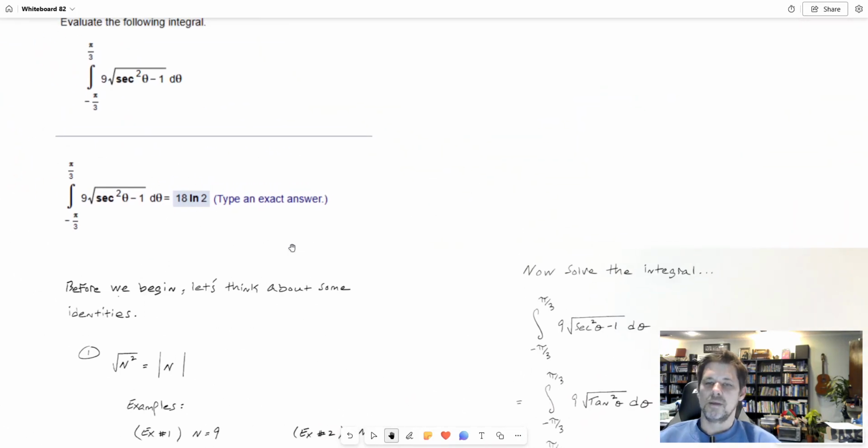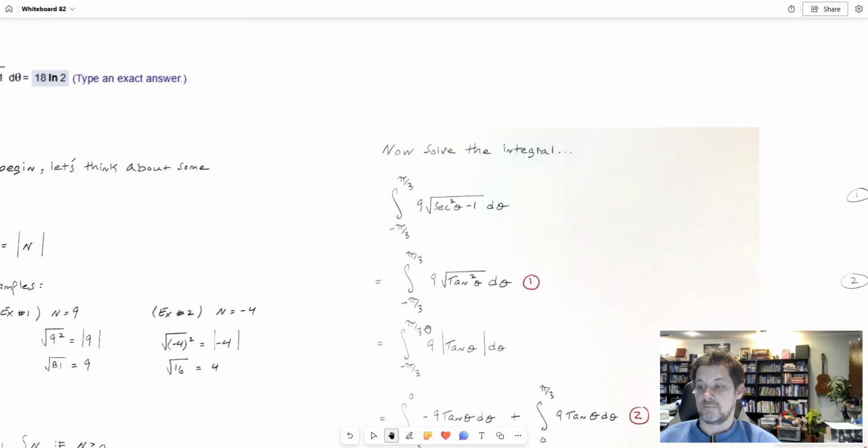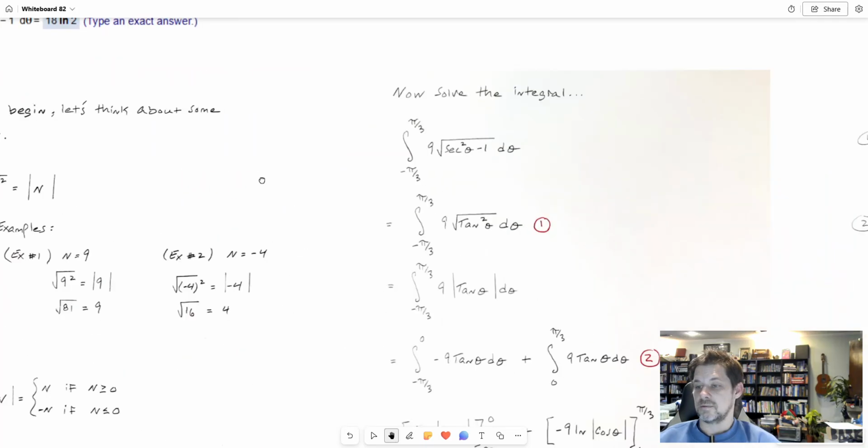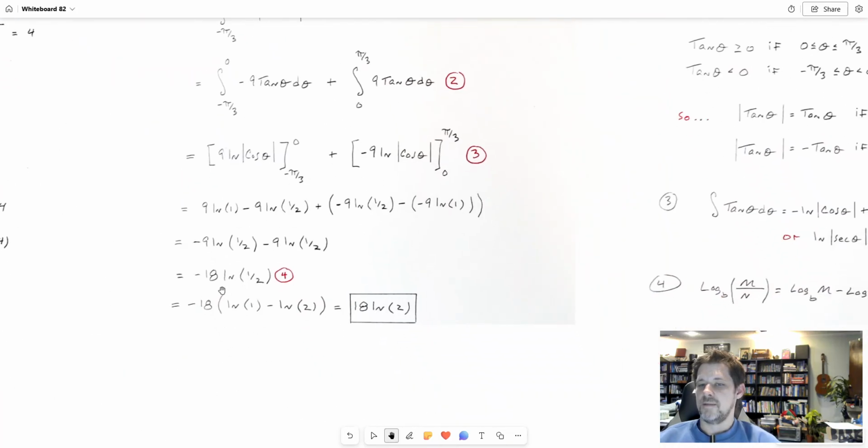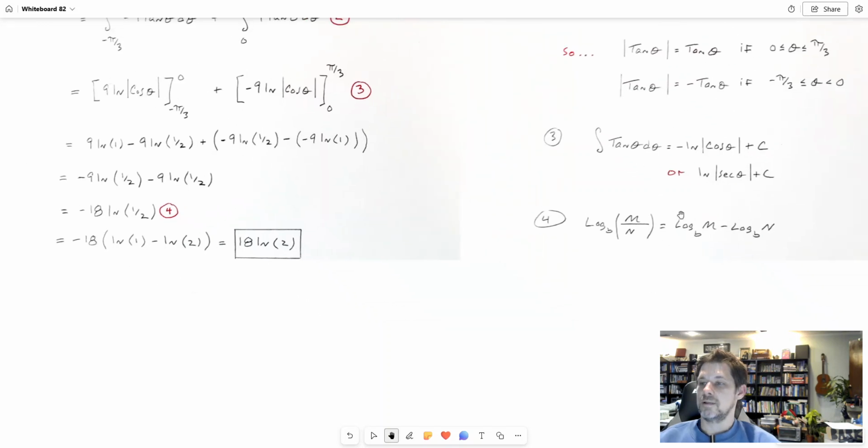Just like trig functions have lots of identities that can be used, logarithms do too. Let's say I'm here at negative 18 natural log 1/2, and I'm trying to figure out how that becomes the final answer, positive 18 natural log 2. There is one of many rules that apply to logarithms: the logarithm of any base of one number divided by another is log base b of m minus log base b of n.